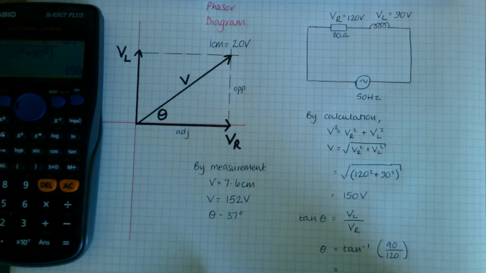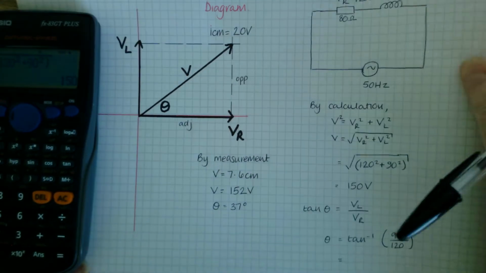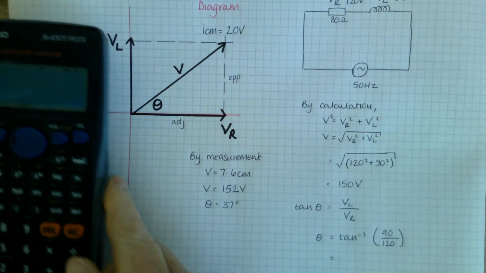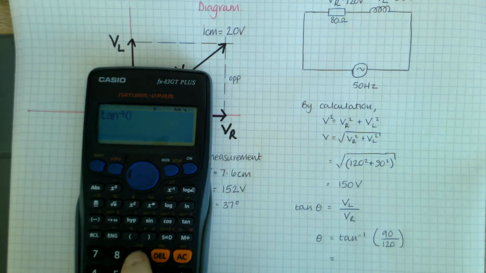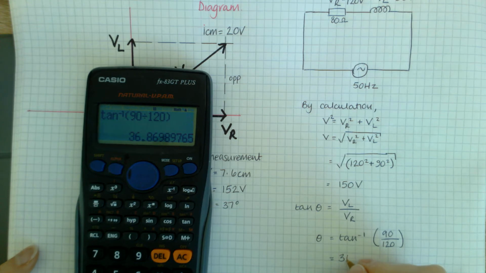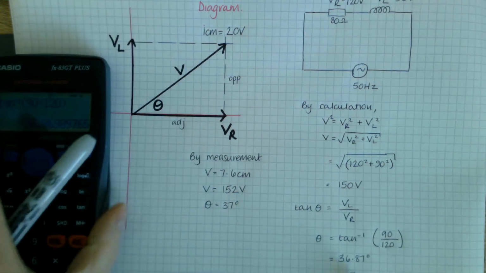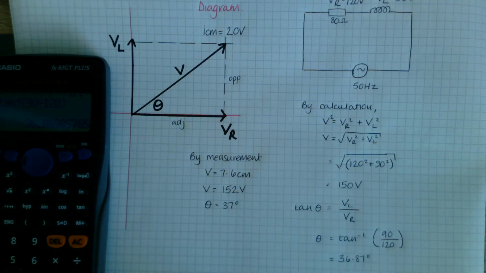And from my measurement, I'm expecting it to be round about 37 degrees. So on my calculator, shift tan for inverse tan, 90 divided by 120. And there you go, I've got 36.87 degrees. So again, this angle is very similar to this angle. So I'm quite confident that that voltage is correct.